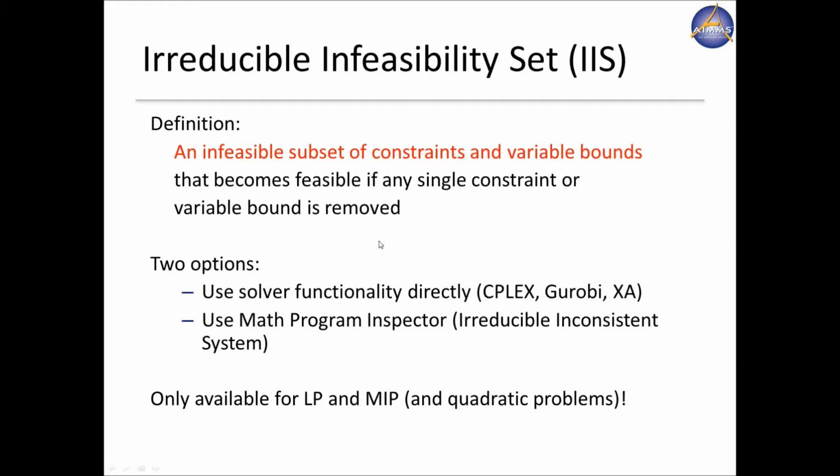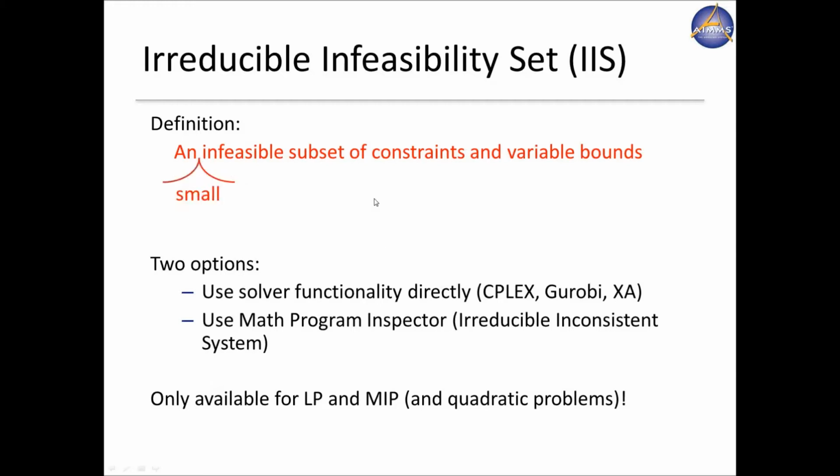The formal definition is that this subset becomes feasible if any single constraint or variable bound in this subset is removed. But for now, I just want you to remember that it's only a small subset.